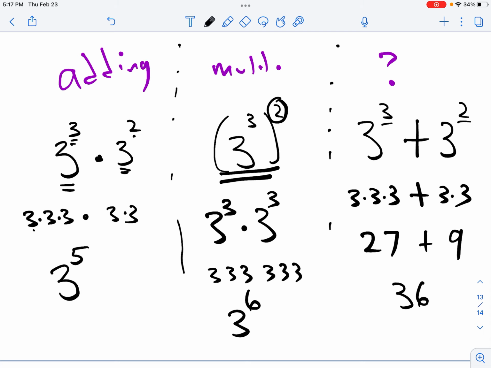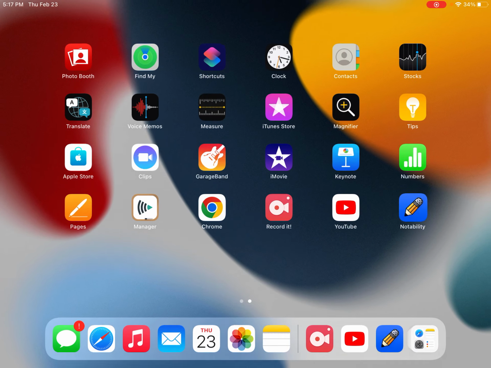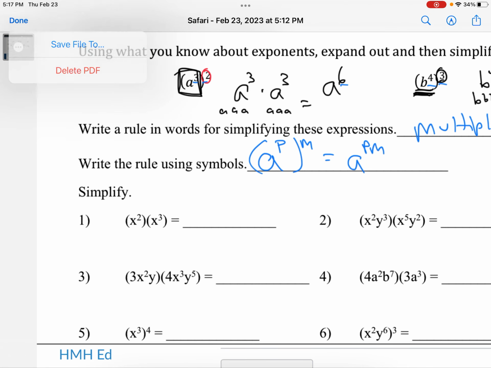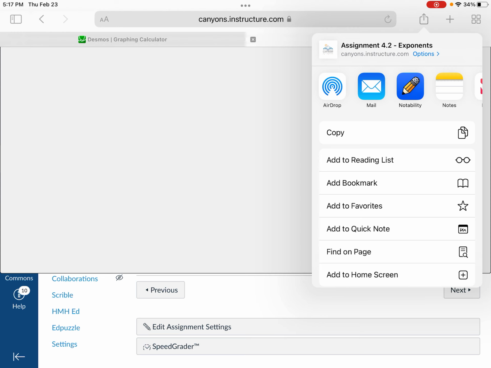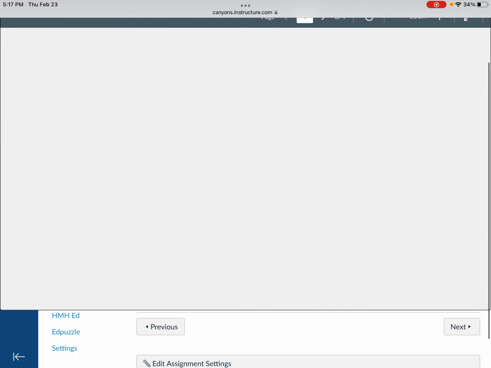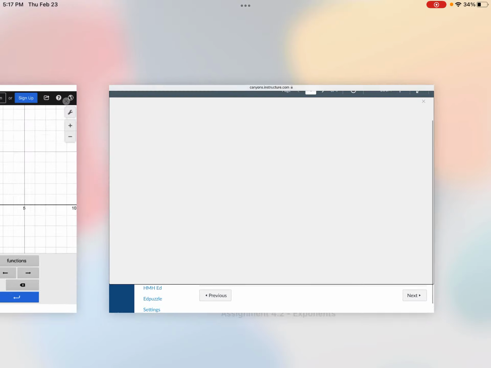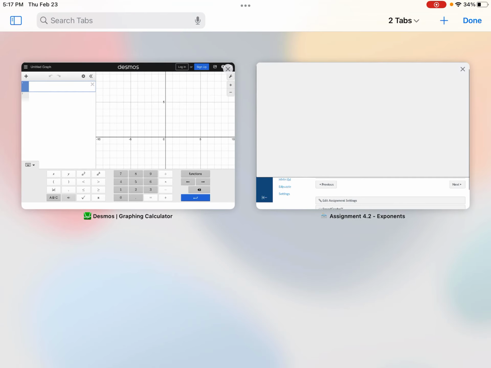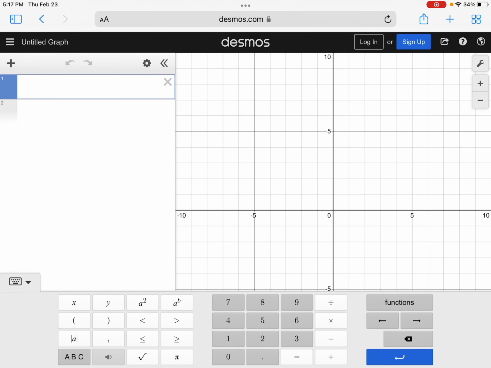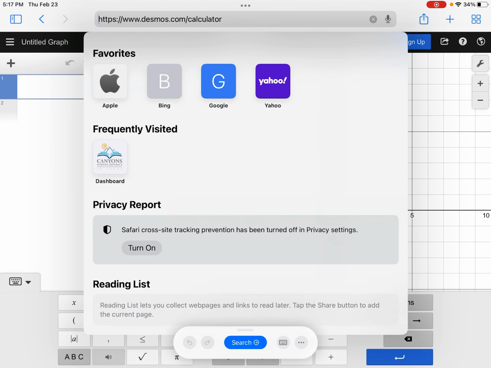Okay, right now what I want you to do is to go in and start your homework assignment. The homework assignment is 4.2. It's on Canvas. Right here. Let's see if I can, what's going on here?